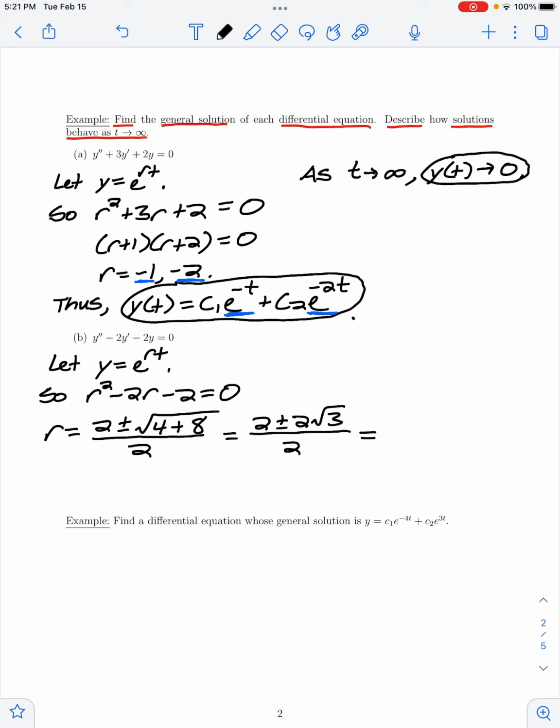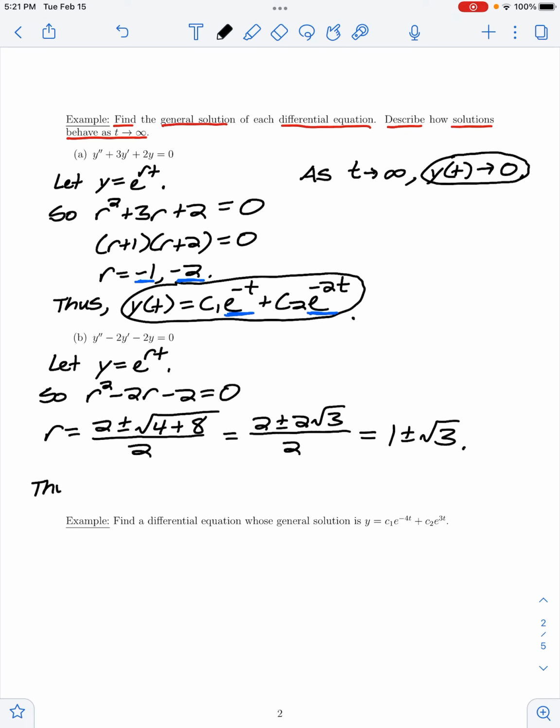And so dividing through by 2, we are left with 1 plus or minus the square root of 3. So again, we have two distinct real roots, two different real numbers for our roots.